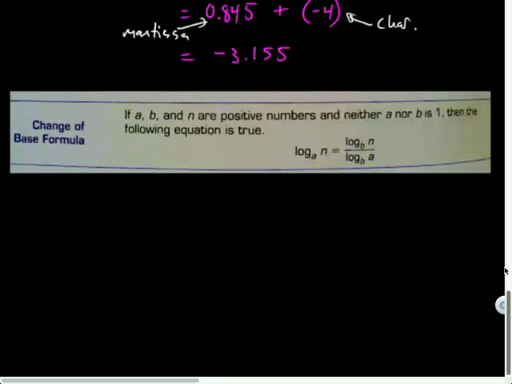I'll leave that up there for a minute. I just want to point out that there are a lot of restrictions on all of these variables once again. So if a, b, and n are positive numbers, and neither a nor b is 1, then the following equation is true.